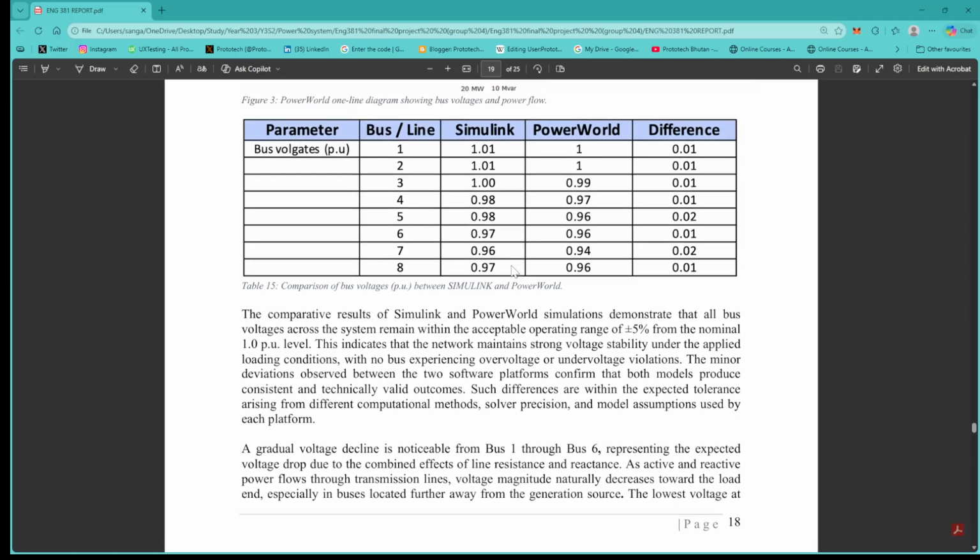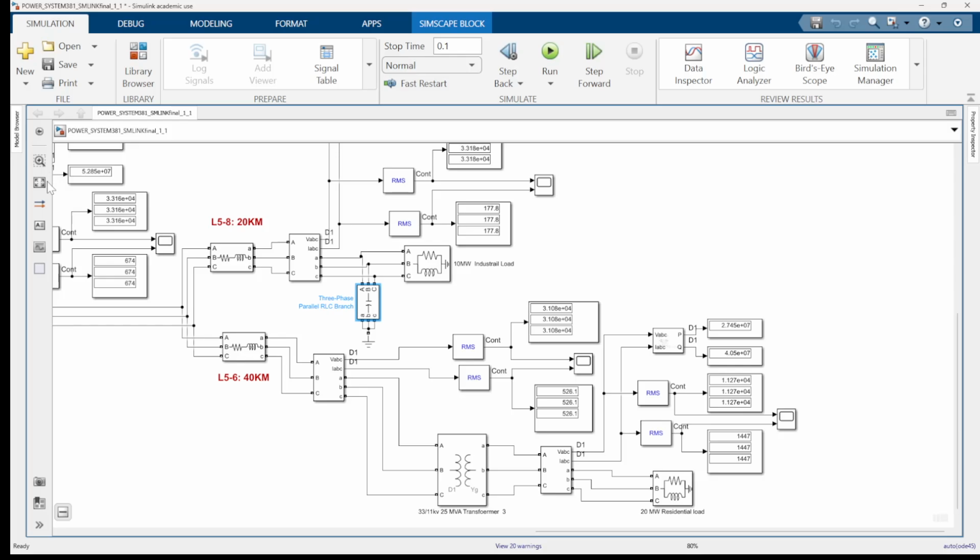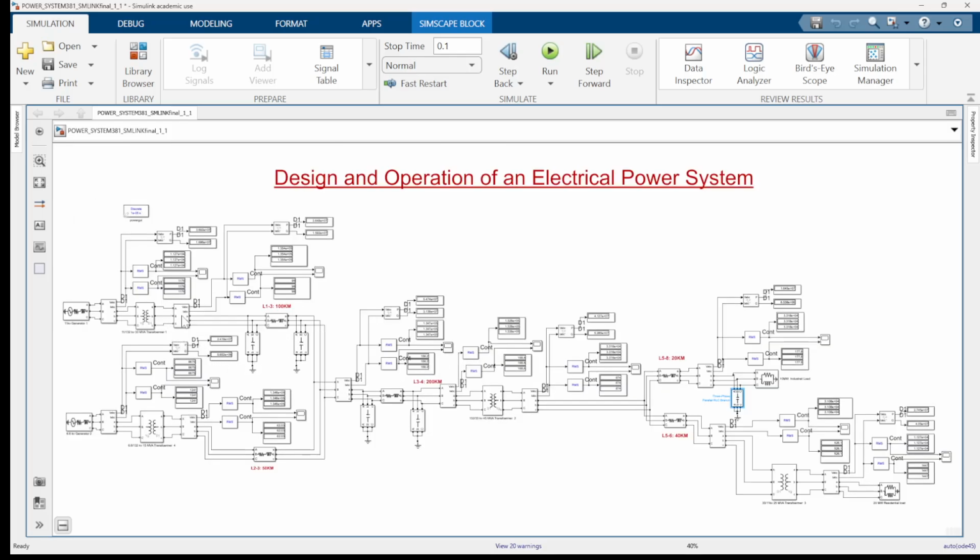Next, we compared Simulink versus PowerWorld, and the result shows that the voltage gradually declines from generator to load side. The reactive power demand was highest at the load buses, particularly the industrial load, emphasizing the importance of reactive power management.